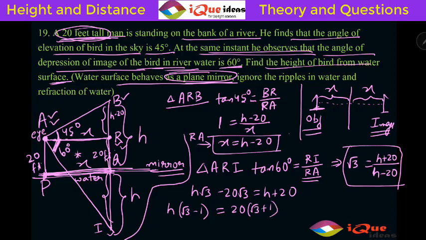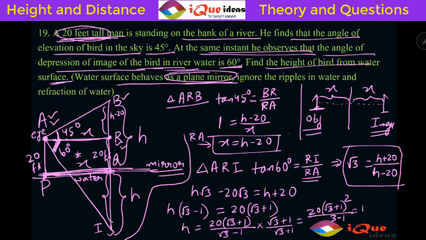So from here we get h equal to 20 into root 3 plus 1 upon root 3 minus 1. Right? So let's do one thing. Rationalize it. Multiply by root 3 plus 1 in numerator and denominator. In numerator we will have 20 into root 3 plus 1 whole square, and in denominator we have 3 minus 1. Now 3 minus 1 is 2.